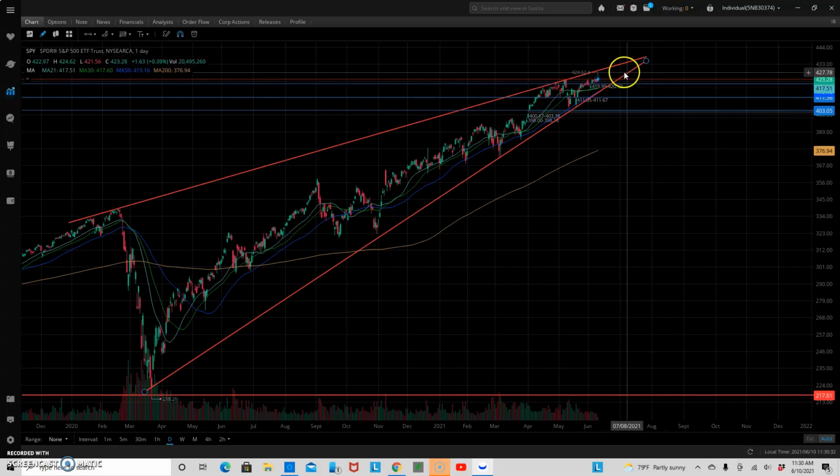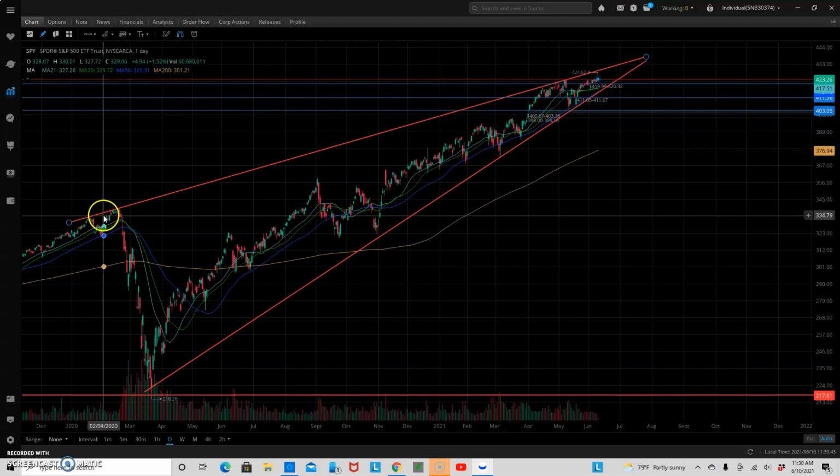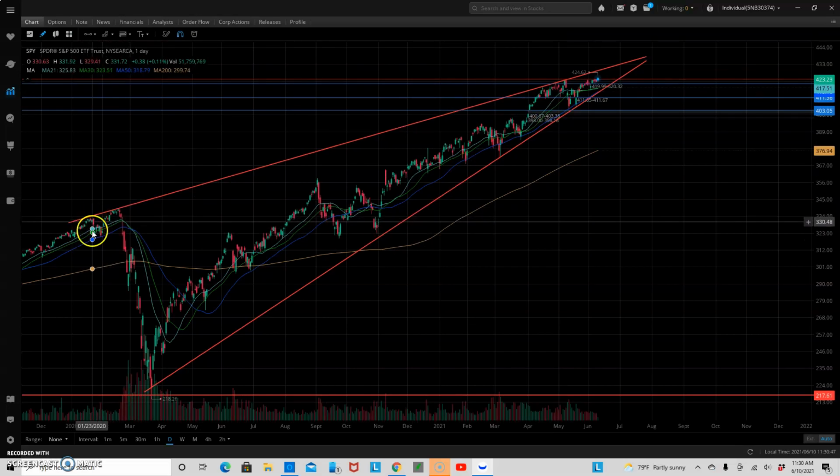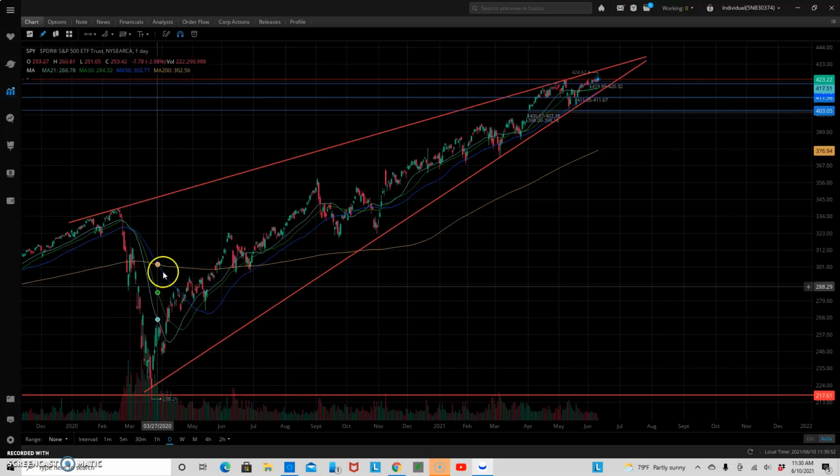That is where it would have to break out to the upside, or definitely break out to the downside, and get out of this triangle formation that it's been trading in. You could see it goes all the way back to around the beginning of 2020 and the lows of COVID for my trend lines.